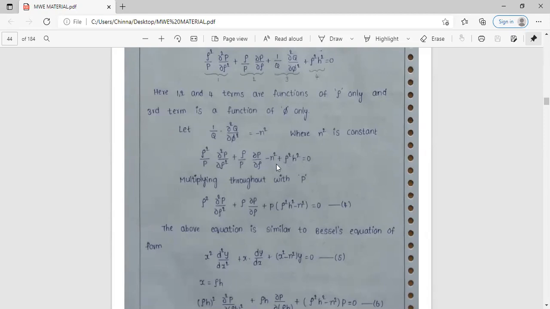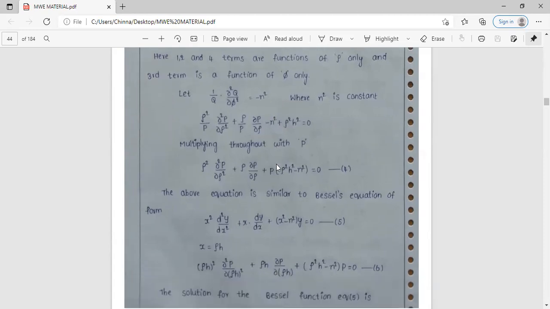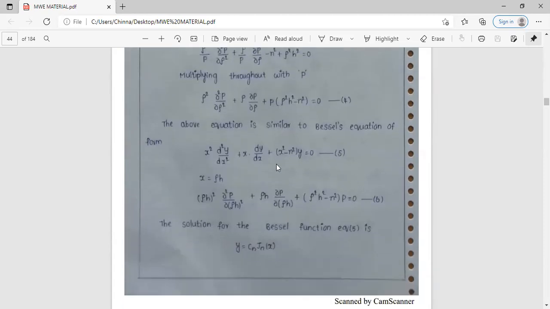You can substitute that value here, then multiply with P, and finally we obtain rho square d²P/dρ² plus rho dP/dρ plus P into (rho square h square minus n square) is equal to 0. That is equation number 4.